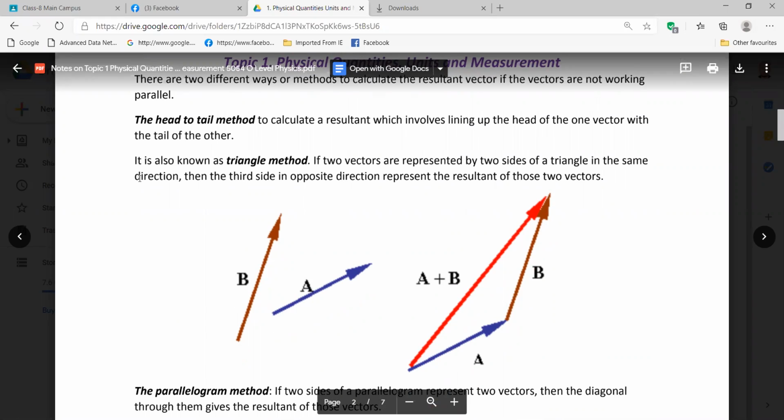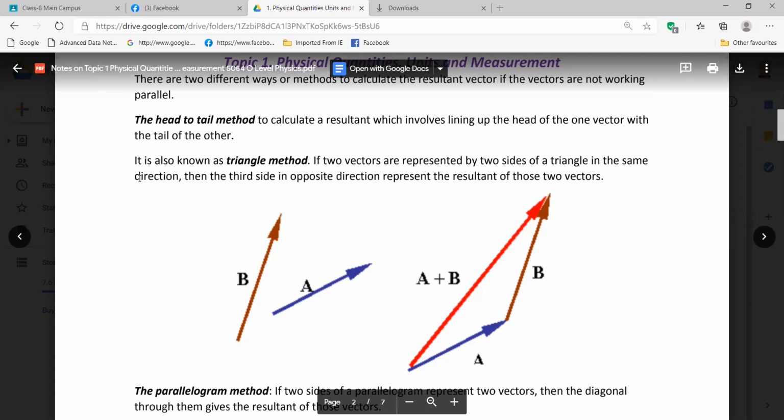So we have here two vectors, right? And we have to get the resultant of these two vectors. Resultant means the sum of them. In our scalar quantity, the way we get the sum, the vector sum is quite different.